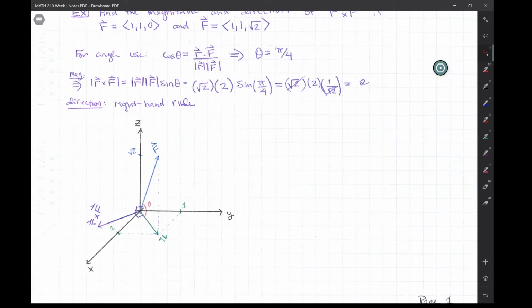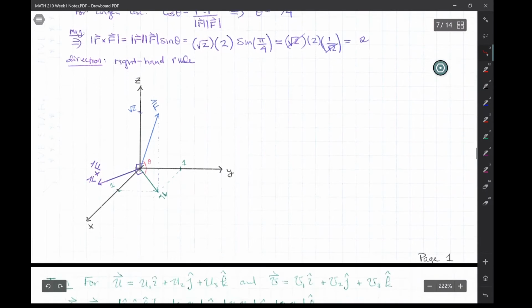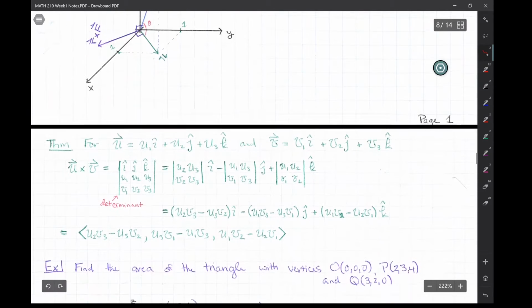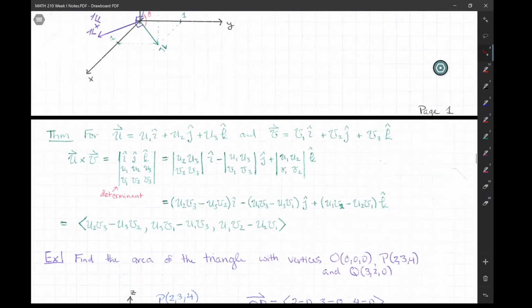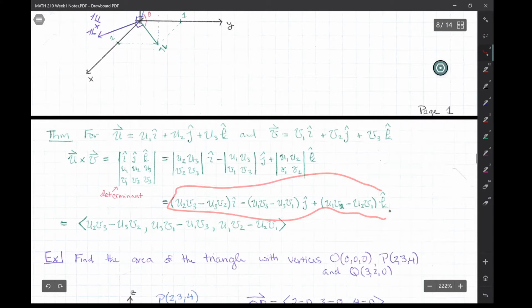So that's as good as we could get with the formula that we used. And of course, that's limiting because the next question should be, well, what is that vector in component form? That's where we're going to need this next theorem here. So this theorem here allows us to compute the cross product and get it in vector form, okay?